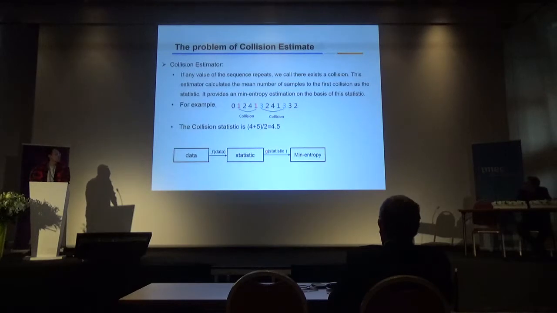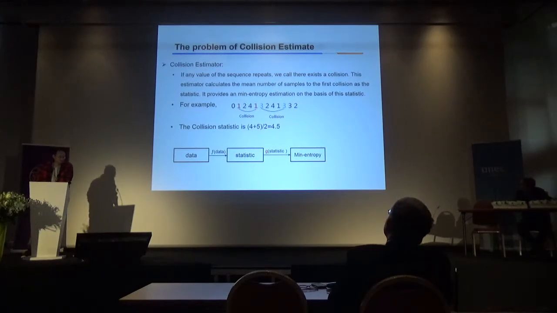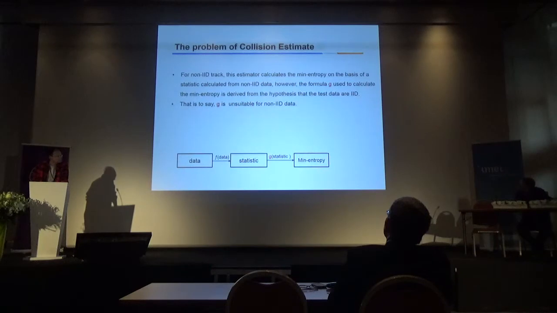I provide a simple example. In this simple sequence, we can see two collisions, 1241 and 324113, and the collision statistic is 4.5. The whole flow path is data, statistic, and min-entropy.